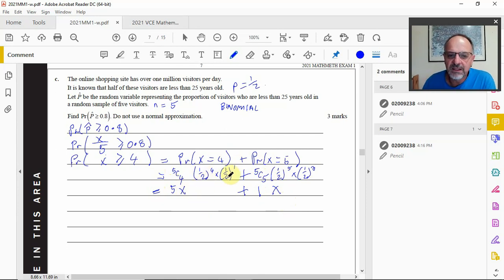Because the probability of success and failure here are the same, we've got a half to the power of 5 here, as well as a half to the power of 5 over here. And half to the power of 5 is 1 on 32.